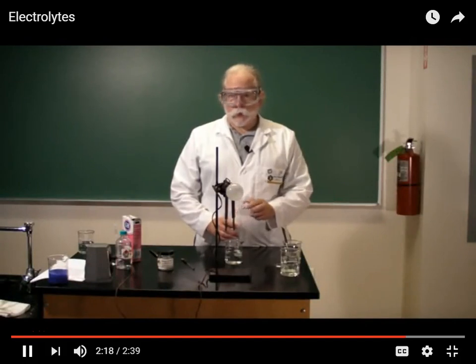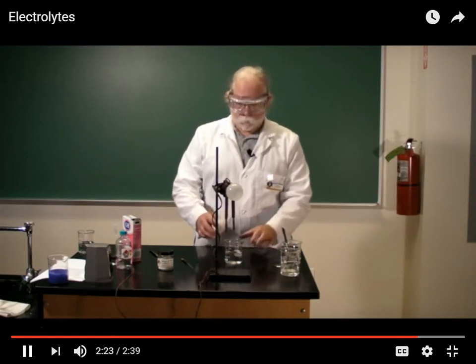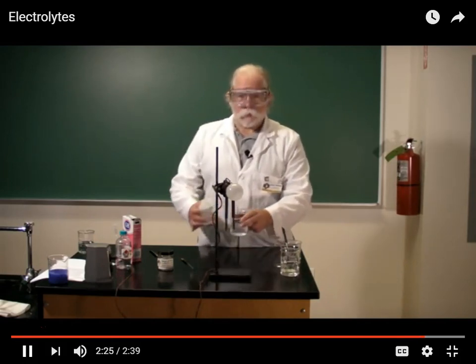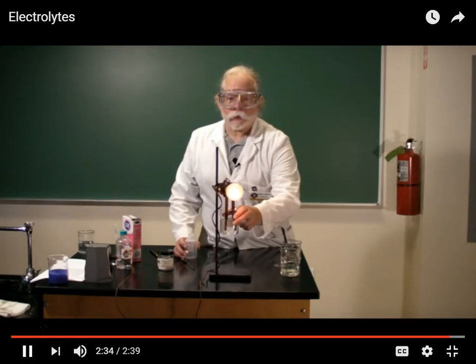Acetic acid, on the other hand, dissolves but allows very little electricity to go through the water. See how the light bulb gives off much less light with a lot more acid. Thus we call acetic acid a weak electrolyte, and it is a weak acid.